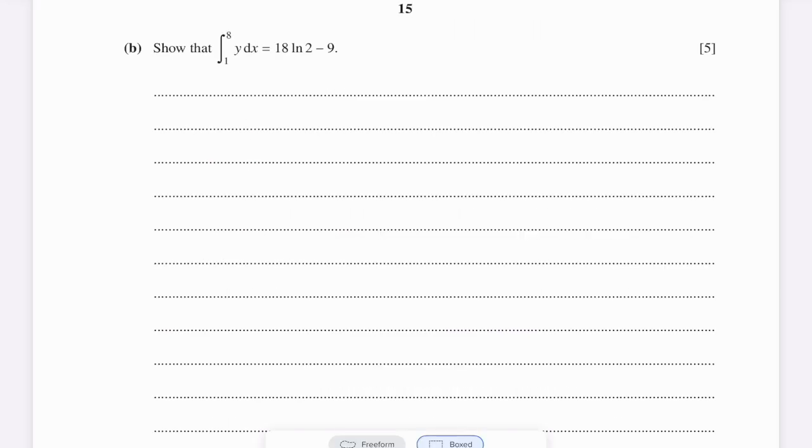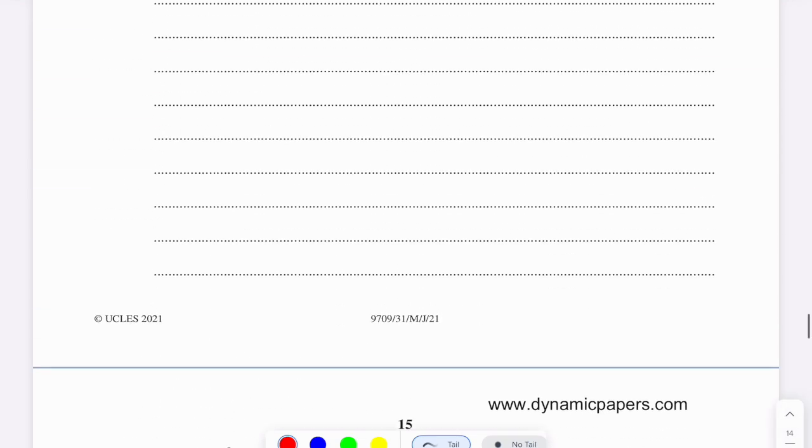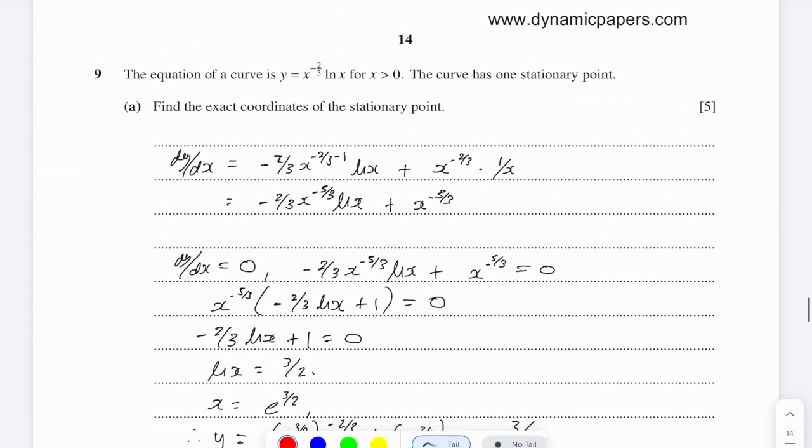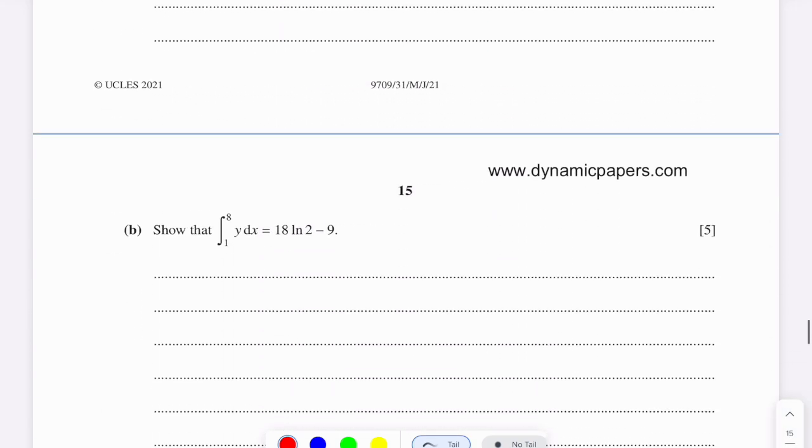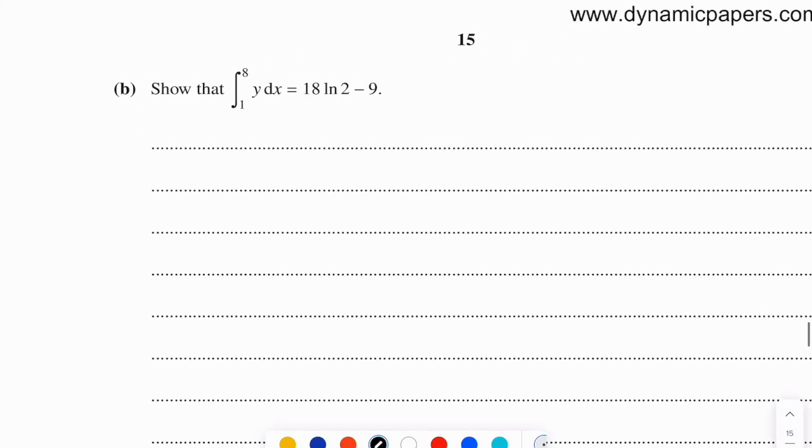Alright guys, now for part B, it says show that the integral of y dx between 1 and 8 is equal to 18 ln 2 minus 9. So, to go about doing this, y firstly is equal to x to the negative 2 over 3 ln x.